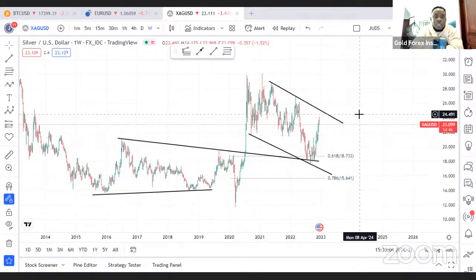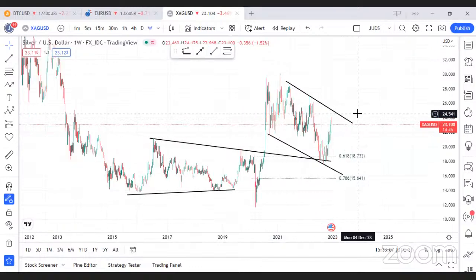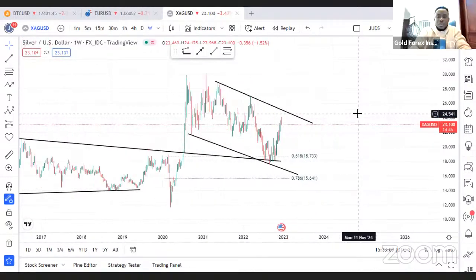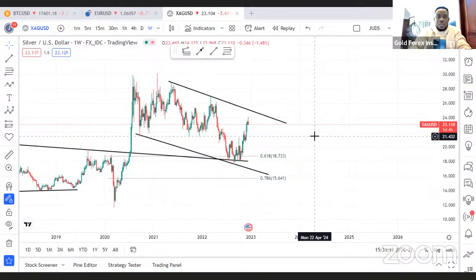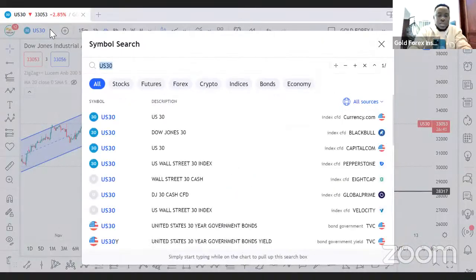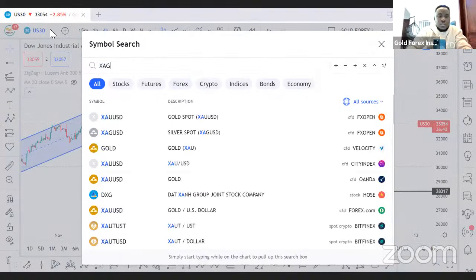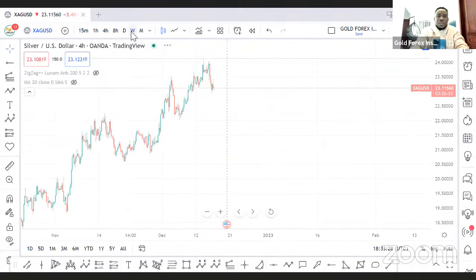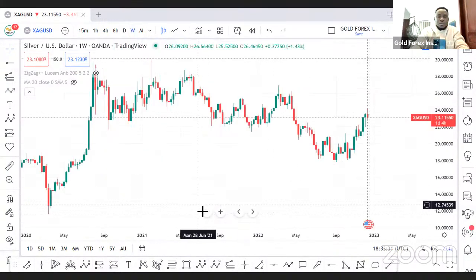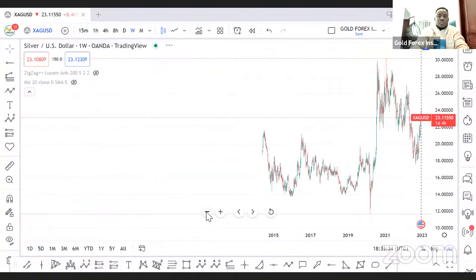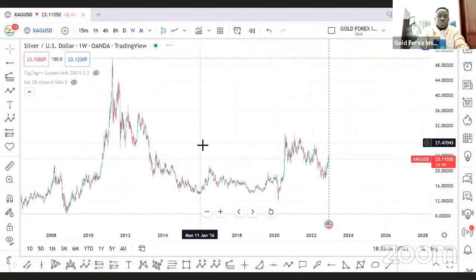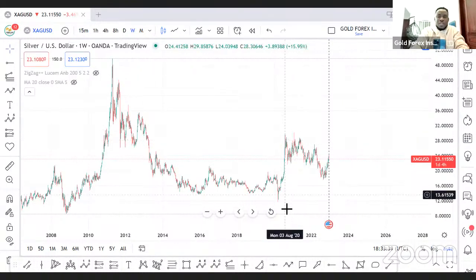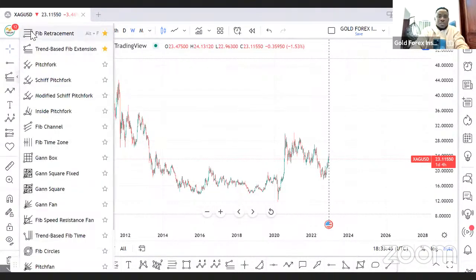This on the weekly. Let me show you what I mean. XAUUSD. So that was on the weekly, right? So if this is a break of market structure, now this thing can, let me look at something.